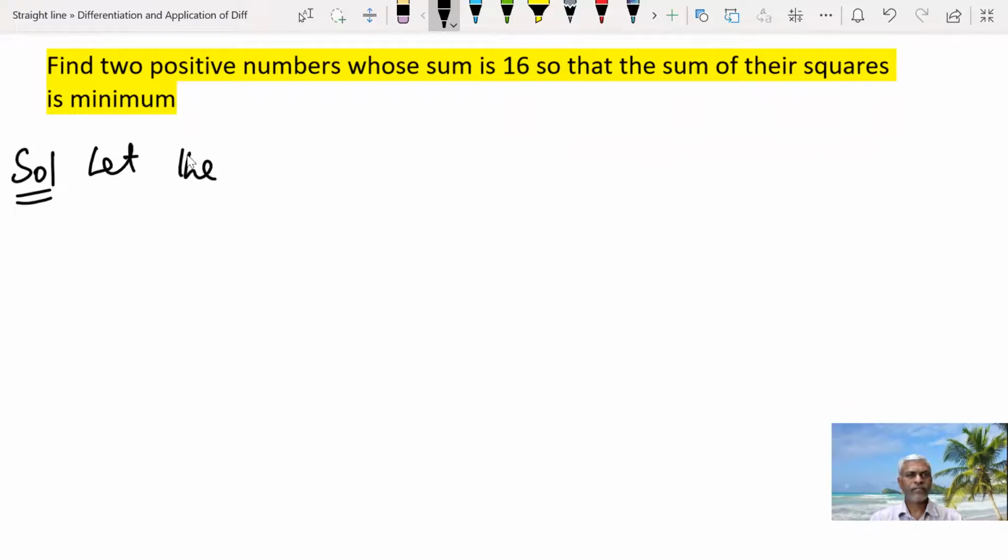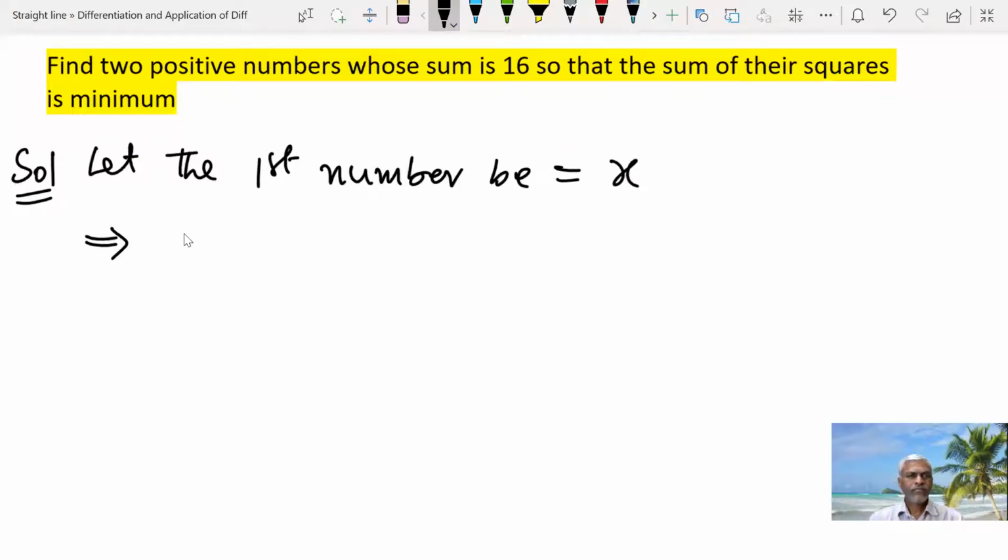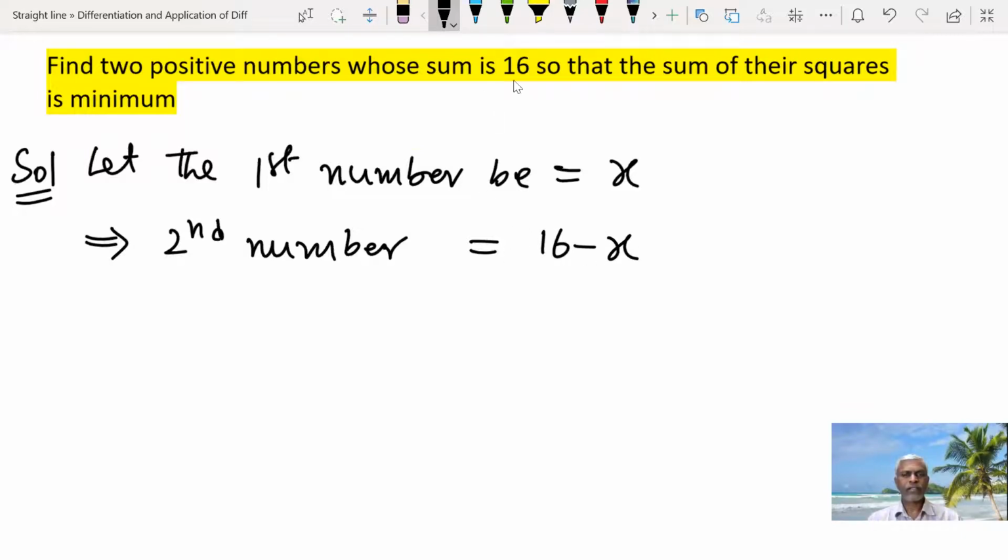Let the first number be x. The second number becomes 16 minus x, so that the sum of the two numbers is 16. So if one is x, the other becomes 16 minus x.